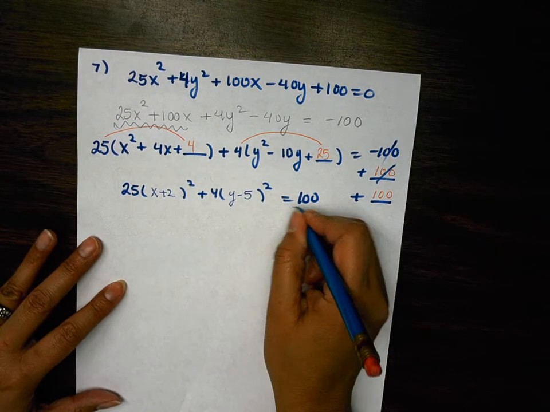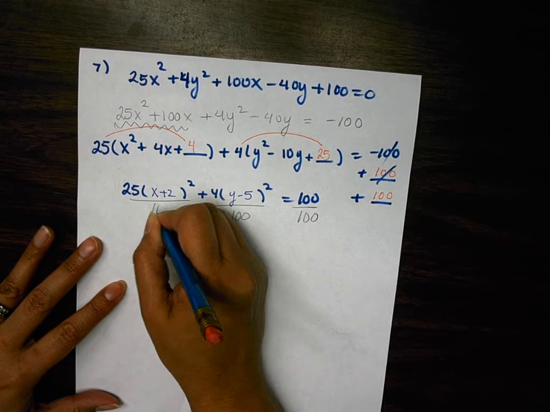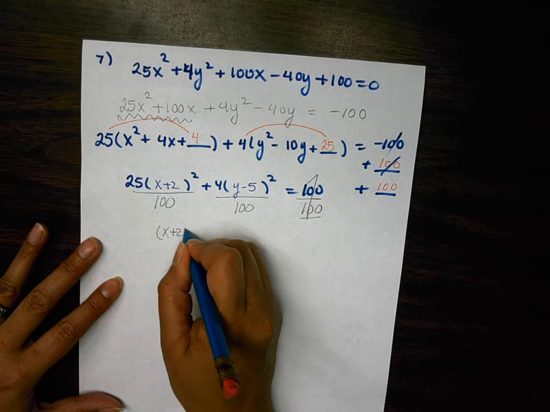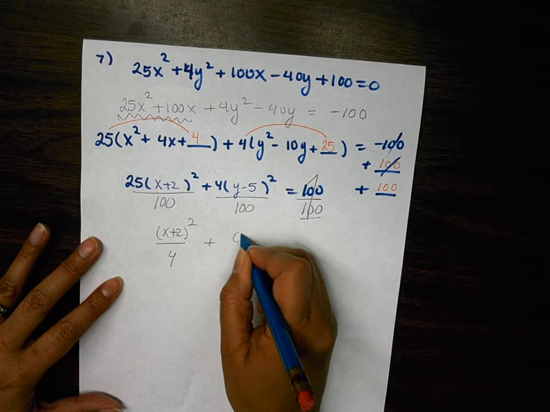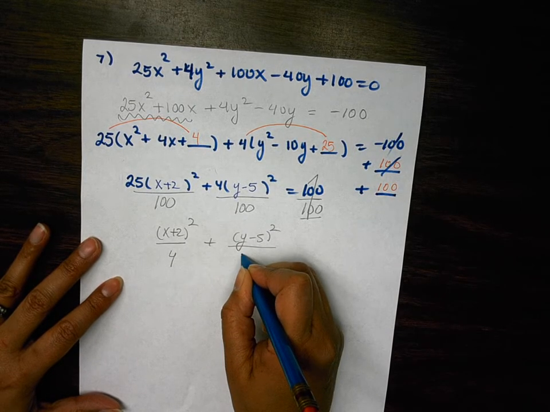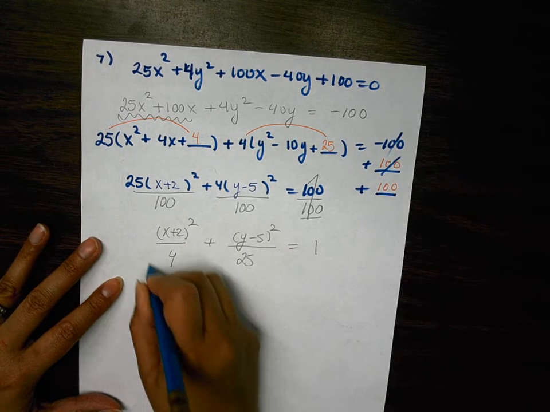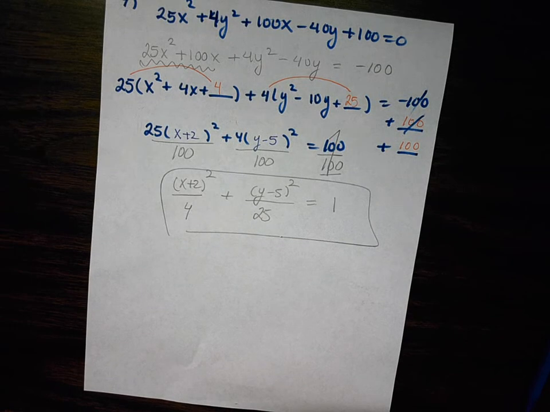Since they are not the same, meaning it's not a circle, what should I divide everything by? The 100, because I want it to equal what? 1. All right, so x plus 2 quantity squared over 4 plus y minus 5 quantity squared over 25 equals 1. And there it is.